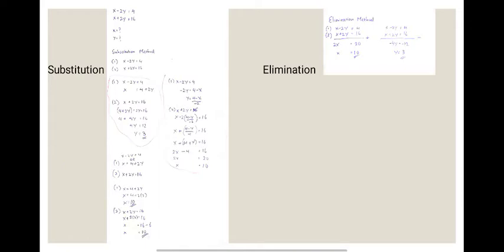Instead of doing the same procedure as when we are finding the y, after we get y equals 3, we can just choose one of the equations and put in the y. So we replace the y with 3.